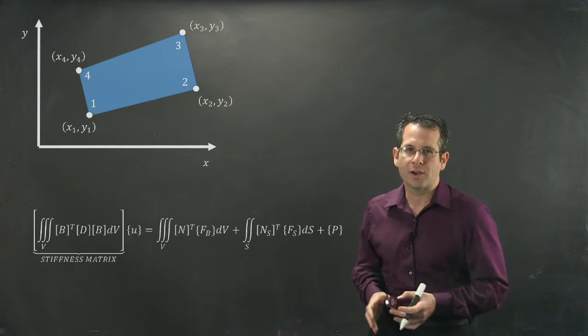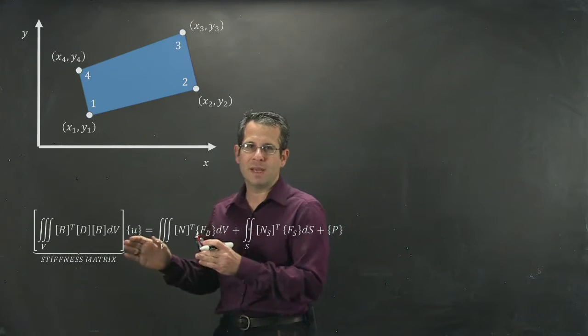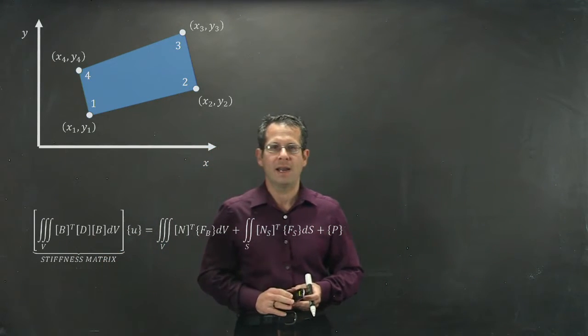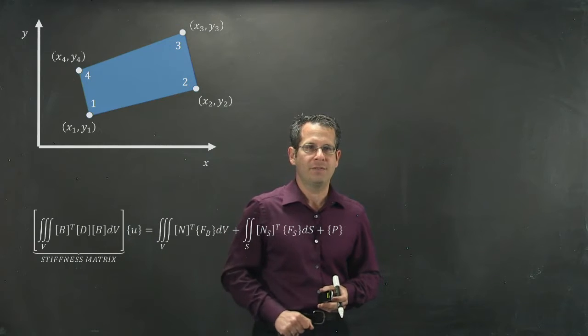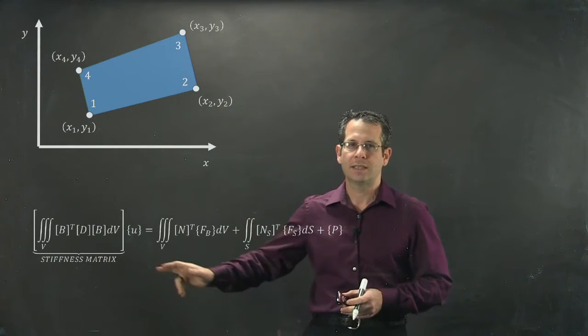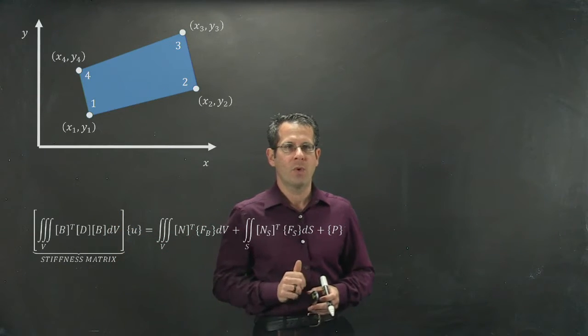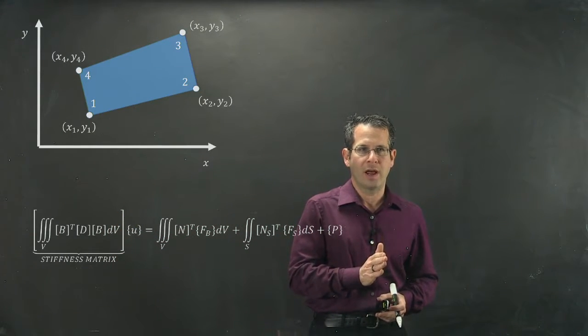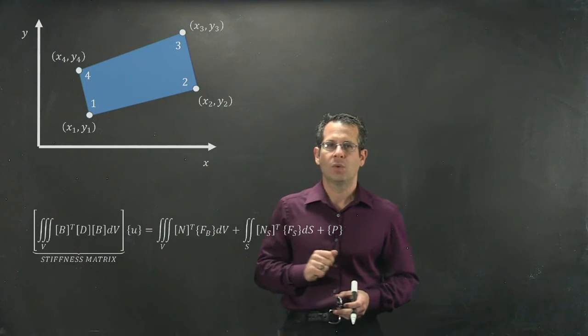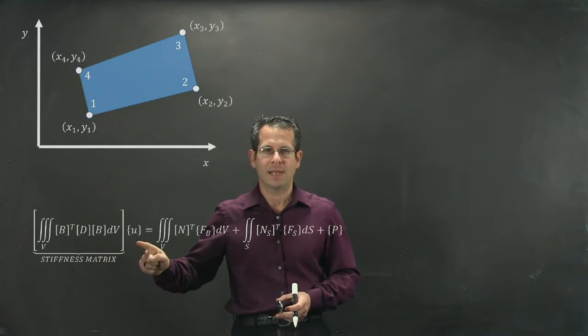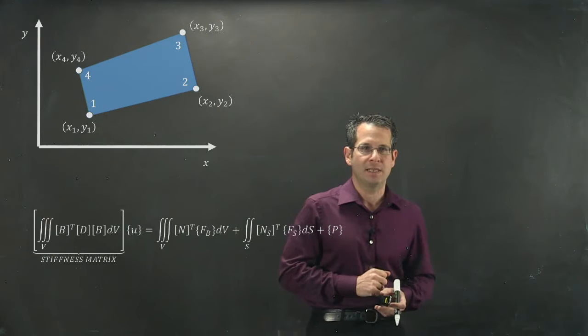I'd like to draw your attention to the stiffness matrix, which is formed by the triple integral on the left-hand side of the equation. When all is said and done, for a general quadrilateral element or a rectangular element, this will be an 8x8 matrix that gets multiplied by our displacement vector I've been calling U.